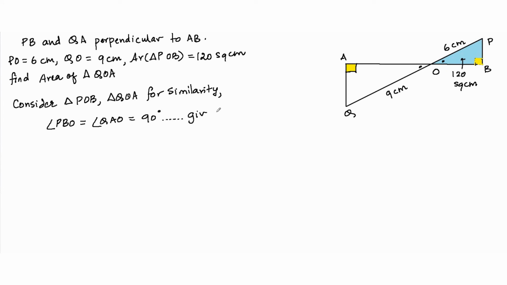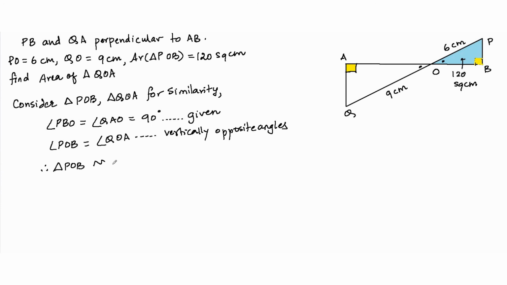Because that's given to me in the question. And also angle POB is equal to angle QOA, because these are vertically opposite angles, right? These are vertically opposite angles. And therefore, I can say that triangle POB is similar to triangle QOA because of the AA test.